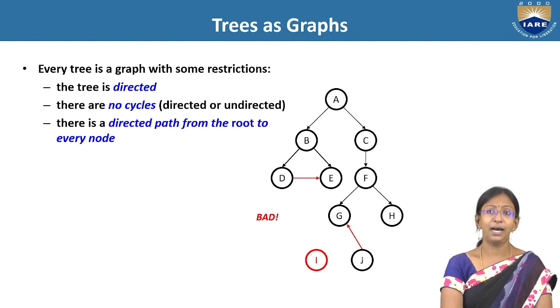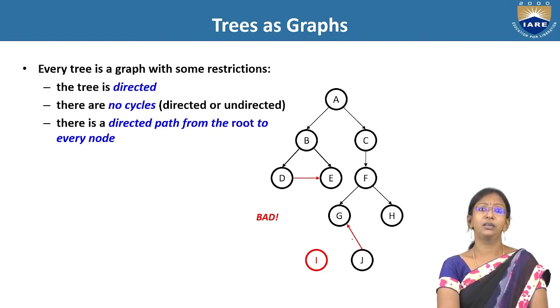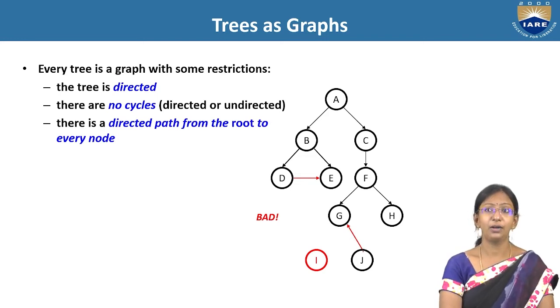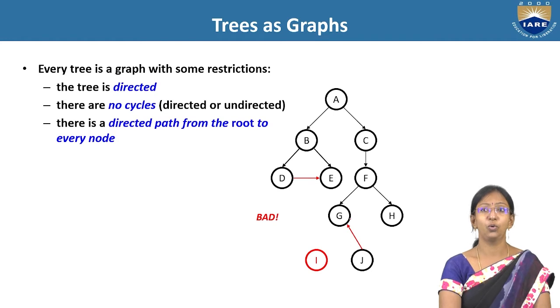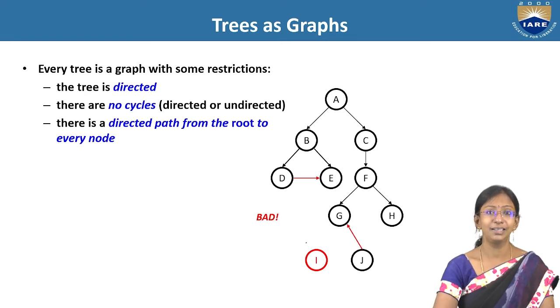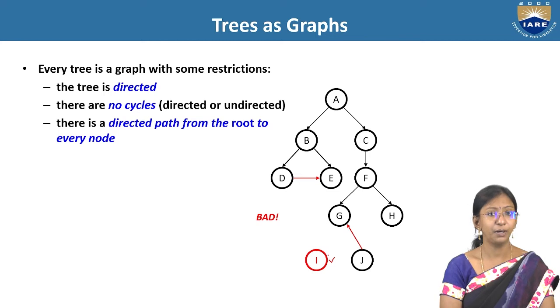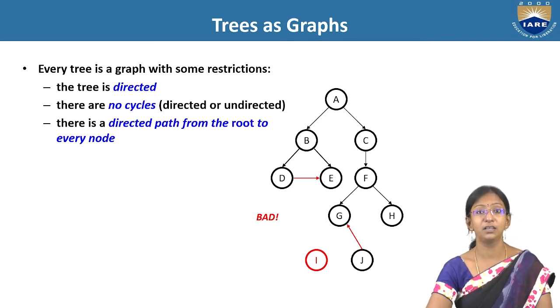Even if the arrow, as I said, a tree is a top-down structure. If an arrow is going in the upward direction also, it is not a tree now. Or if you have an isolated node, it is a node, part and parcel of the graph, but is not connected to any node in the remaining nodes in a graph, then it is not a tree anymore.